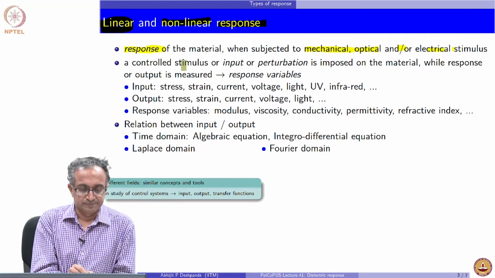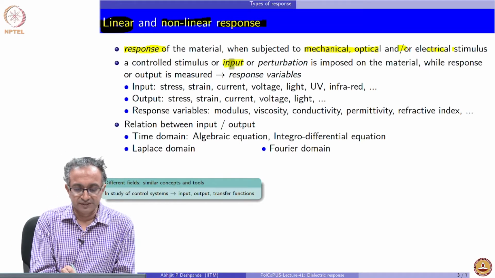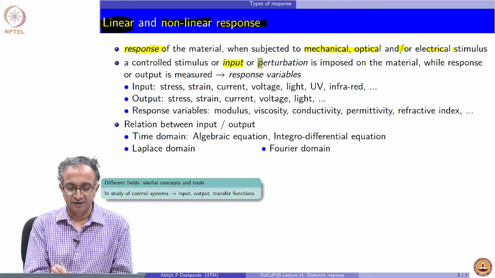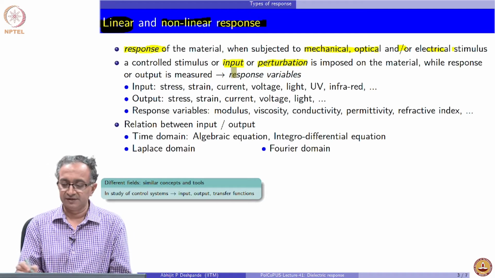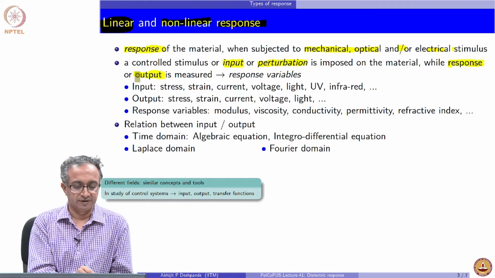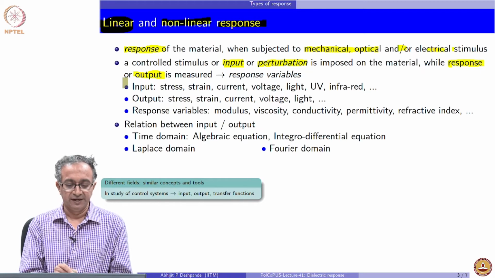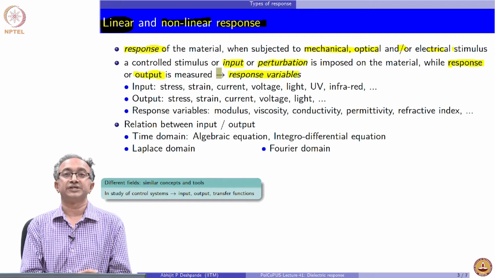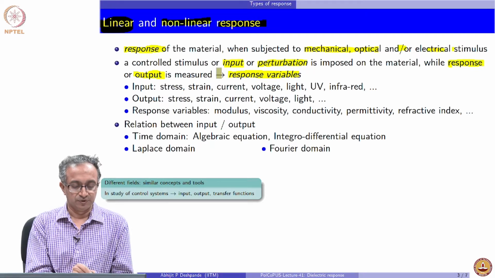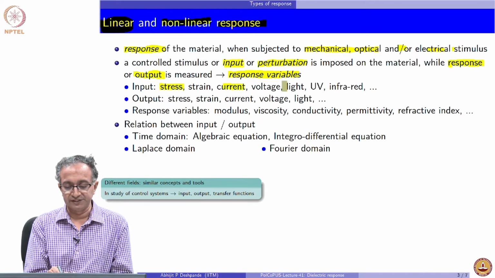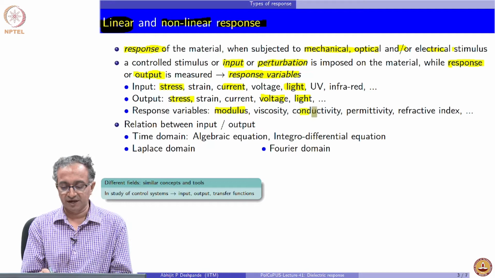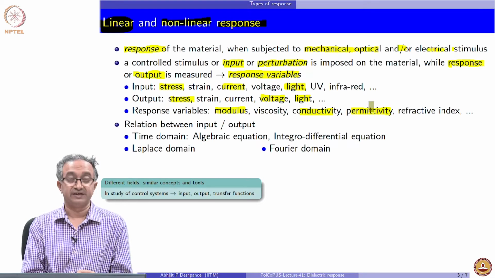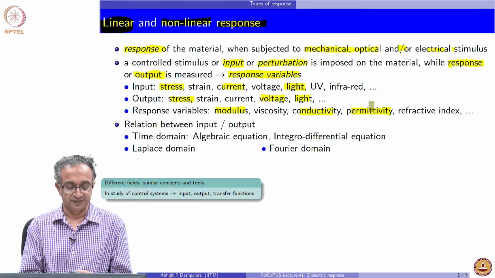So, therefore, a controlled stimulus or input is applied, or we can say that the material is perturbed based on this stimulus, and the response is measured as some output, and basically these two are related to each other through a response variable. So, as I mentioned, input can be any of these things, and output can similarly be many of these variables, and then response variables are permittivity, refractive index in case of visible light, and so on.